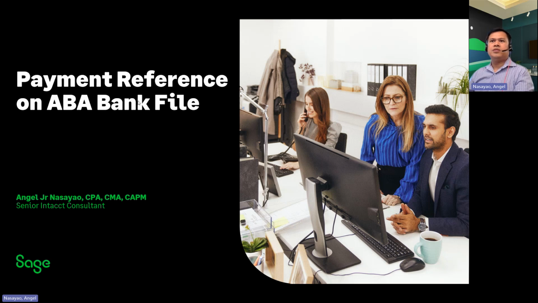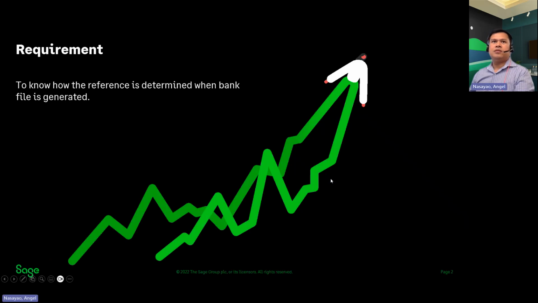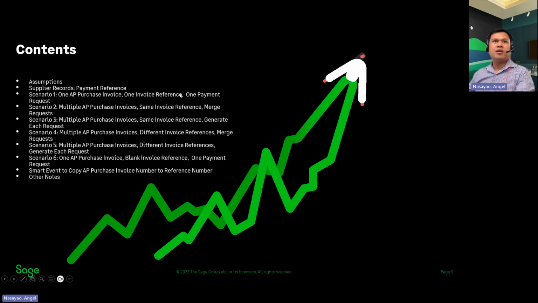All right, so yep, the requirement in here, as I said earlier, is just to determine the source of the reference, or how we populate the reference when an ABA is generated. So we'll go through different assumptions and supplier records as well.